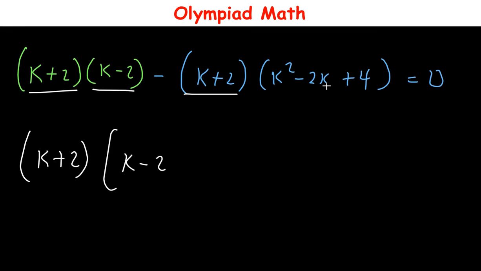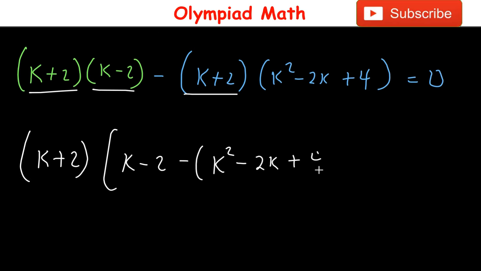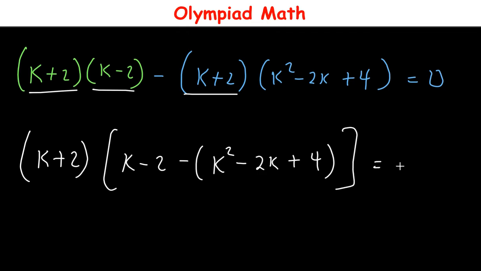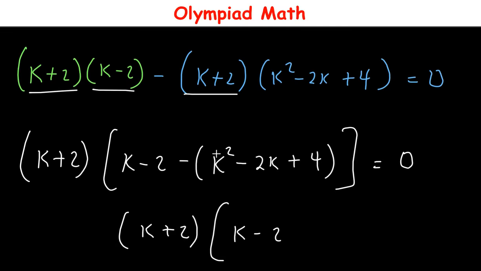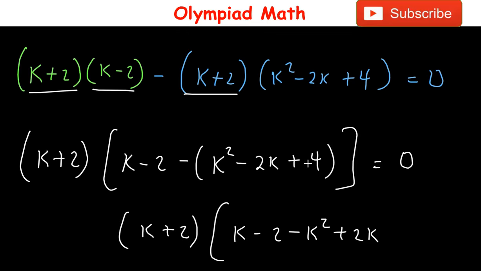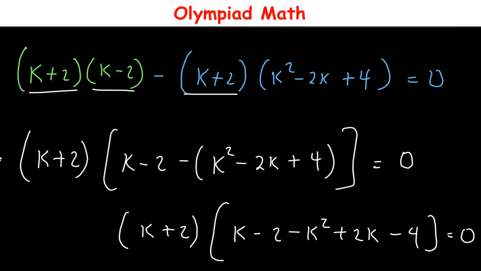we have minus into brackets k squared minus 2k plus 4, and all of this equals 0. So in brackets k plus 2 then multiplied by k minus 2, minus k squared, minus minus 2k, which is plus 2k, minus plus 4, and this equals 0.